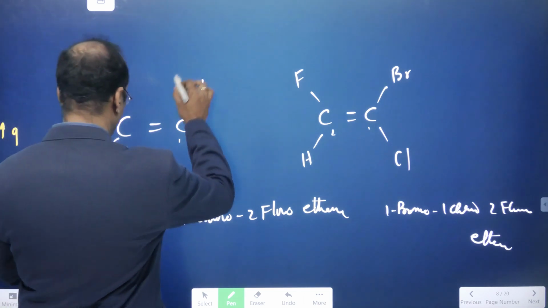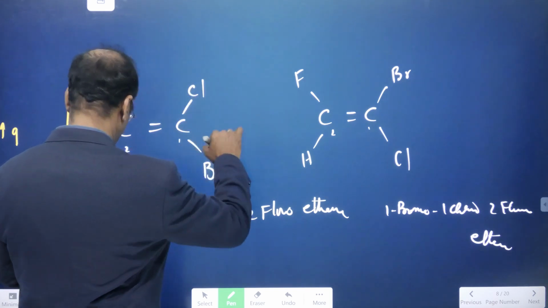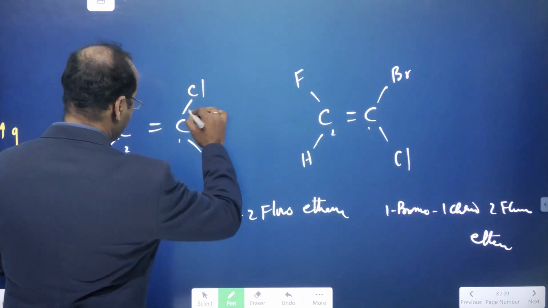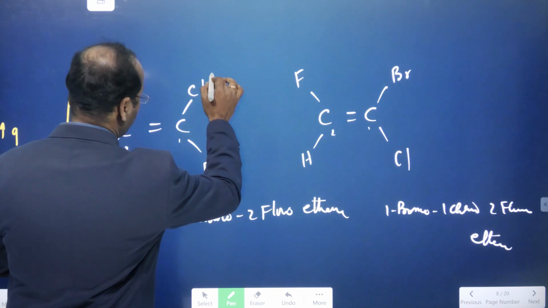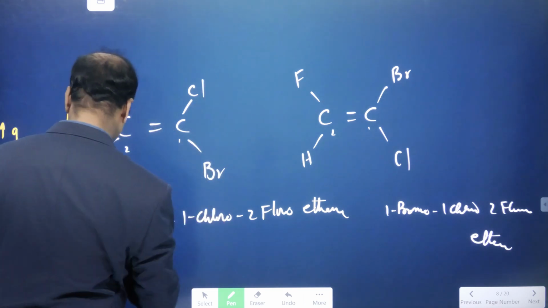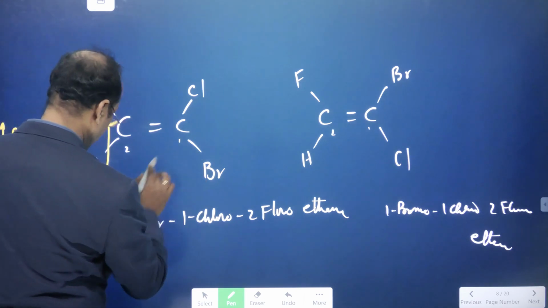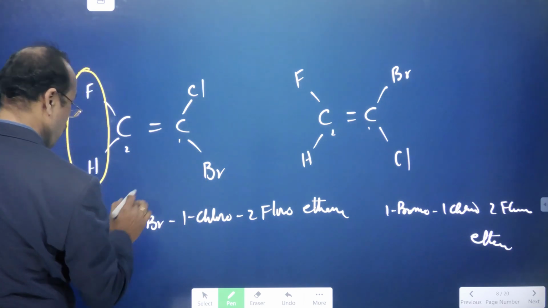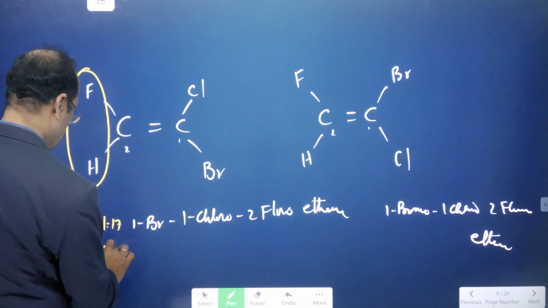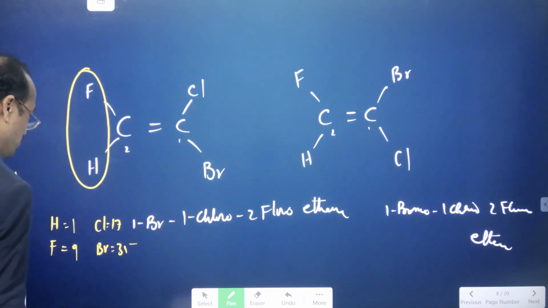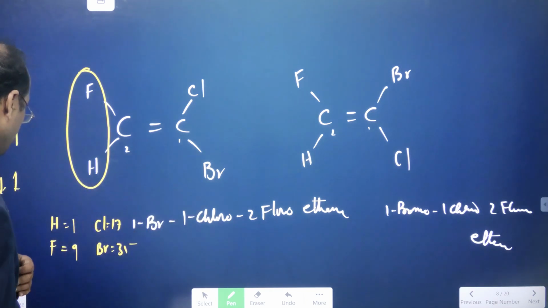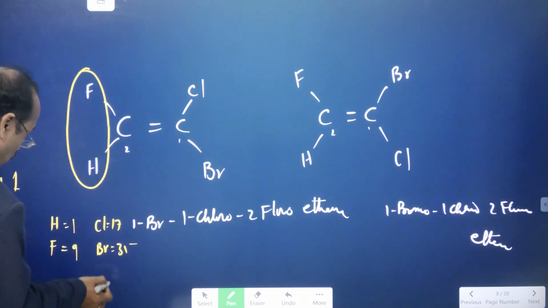Now we go to the other carbon. There we see chlorine, whose atomic number is 17, and bromine, whose atomic number is 17 plus 18, that is 35. So here the higher one is down.